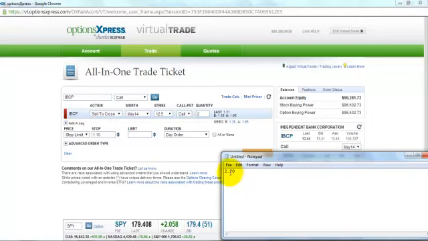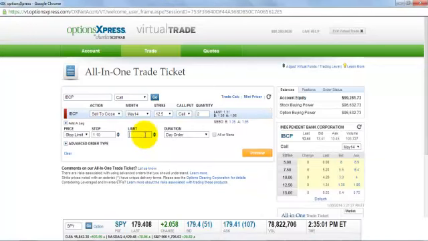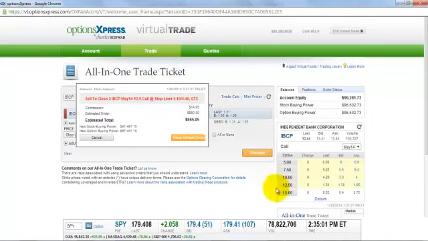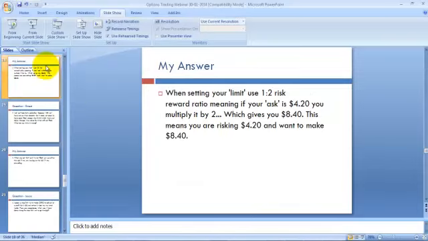So I bought it for $2.20, so I want to make back $4.40, which is 2 times $2.20. So I put in here $4.40, and then choose duration, good till cancelled, and preview. And that's how you set your stop limit after you've placed your trade.